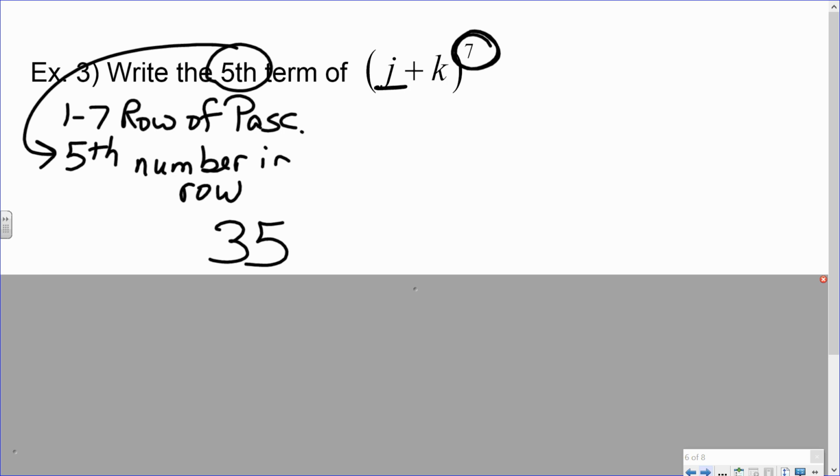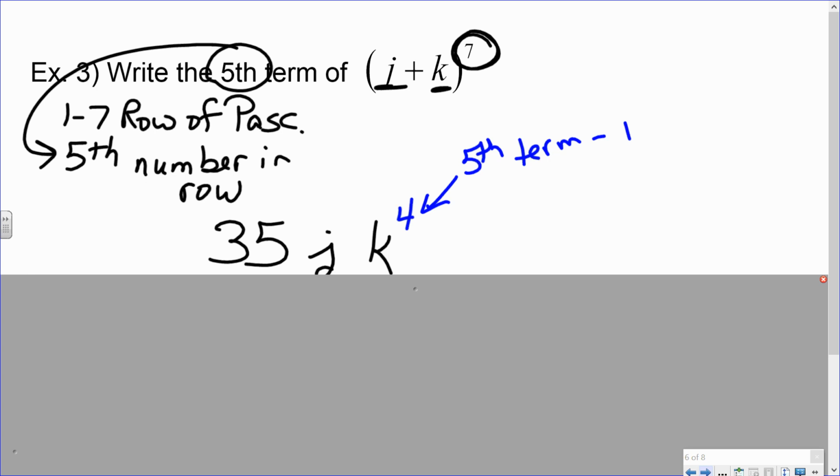My variables are j and k, so I know my term has to have some j's and k's in it. Do I get the j exponent or the k exponent first? We're going to get the k exponent first. And how do I get that exponent? Ian? The fifth term minus 1 means that needs to have a 4 on it.